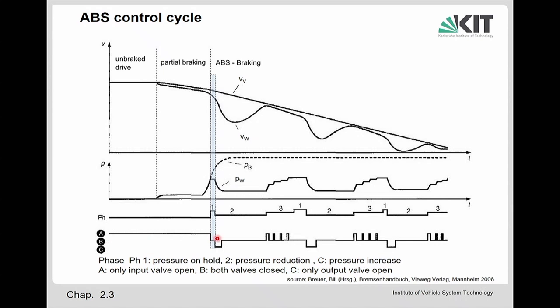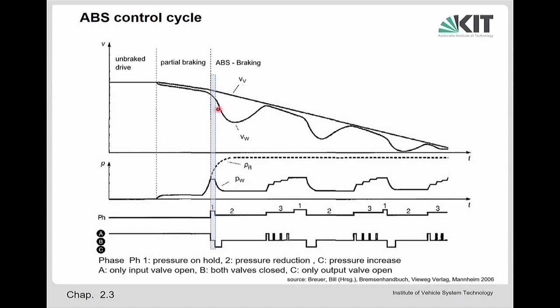So this is A. And then this emergency braking starts, and we exceed the threshold value of the wheel acceleration. So then the system tries to avoid that the brake pressure in the wheel brake is exceeding. So it stops this increasing by closing the inlet valve. That's case B here. Both valves are closed, so the inlet and the outlet valve is closed. That's here for a short while.